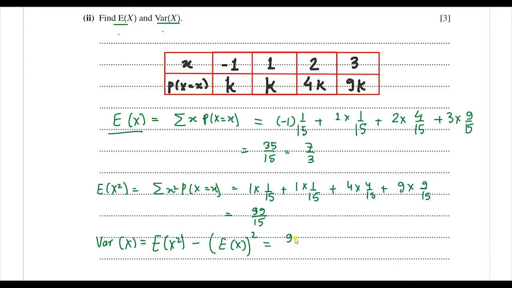That is 99 over 15 minus (7 by 3) squared, that is 49 by 9, and it is going to be 52 over 45, or we can write it as a decimal, 1.155 and so on, so it is 1.16 to 3 significant figures.